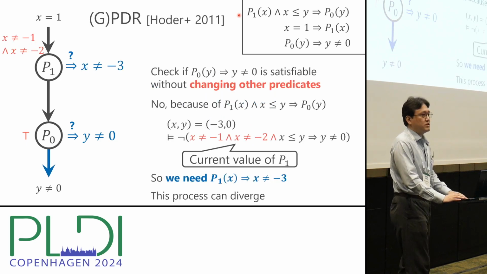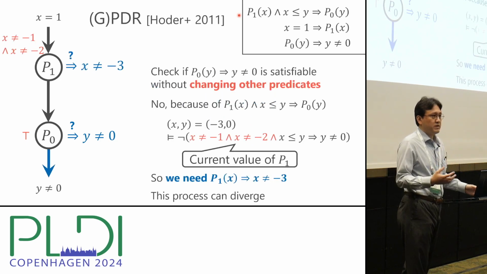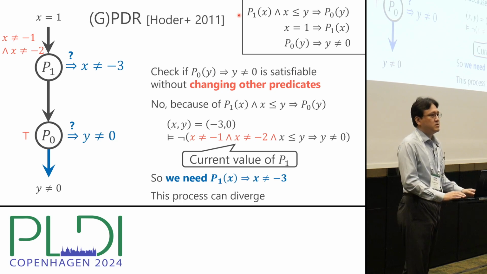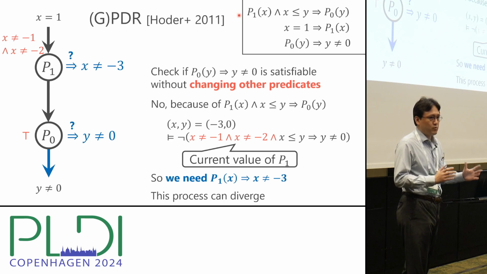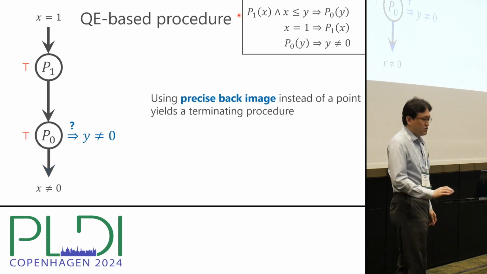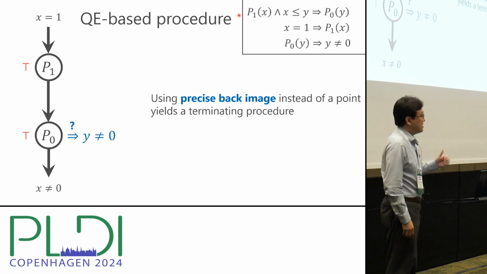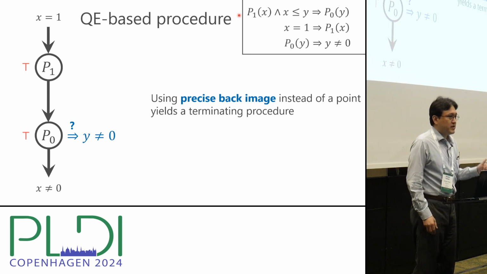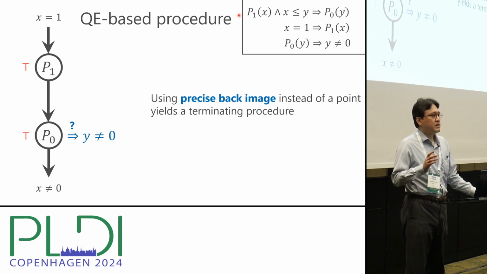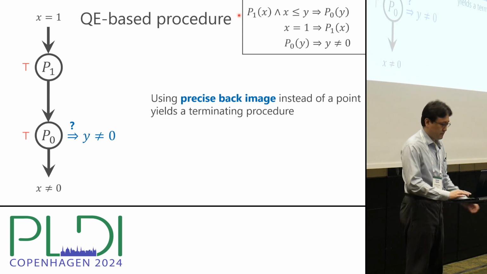This is unfortunate because acyclic CHC solving is decidable. So there exists a terminating procedure that solves this problem. So this divergence can be avoided, at least in theory. And actually, there exists a very natural and simple terminating solver if we are allowed to use quantifier elimination.